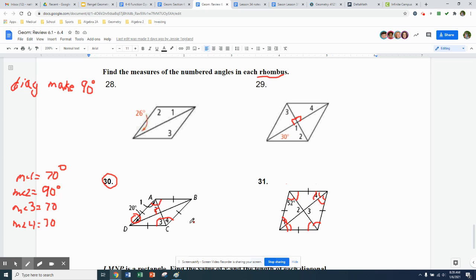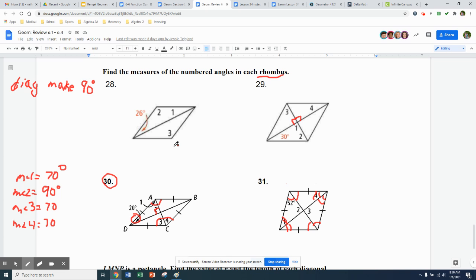So I found all four angles. You're going to use properties of triangles, because triangles add up to 180 degrees, and you're going to be splitting into triangles, like this example up here. And then also using properties of rhombuses, that the diagonals make 90 degrees, and lastly, that those opposite angles are going to be bisecting each other.